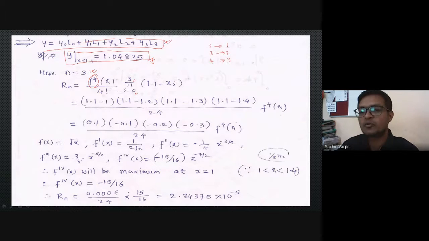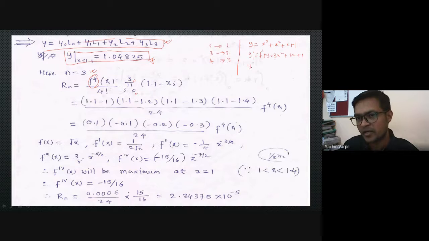Suppose we have a polynomial of degree 3, let us take a simple polynomial, x cube plus x square plus x plus 1. This is a polynomial of degree 3. If we differentiate it, the first derivative y1 is equal to f dash of x, and that is equal to 3x square plus 2x plus 1.